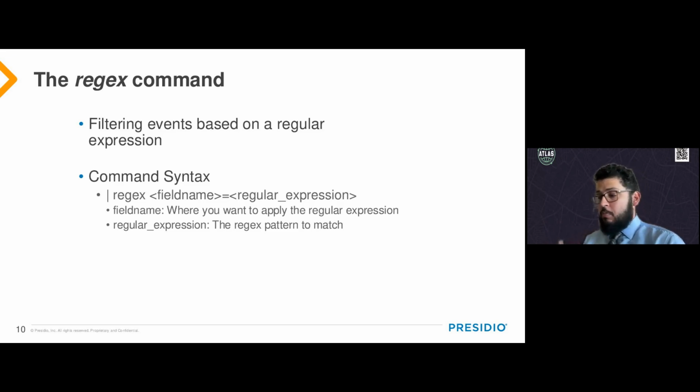So if you're looking for phone numbers, names, usernames, email addresses, event IDs, computer names, you can do all of it through those regex strings. So let's look at that.